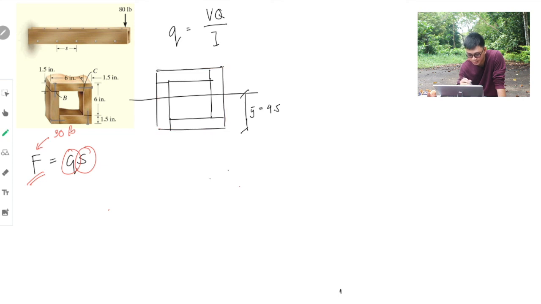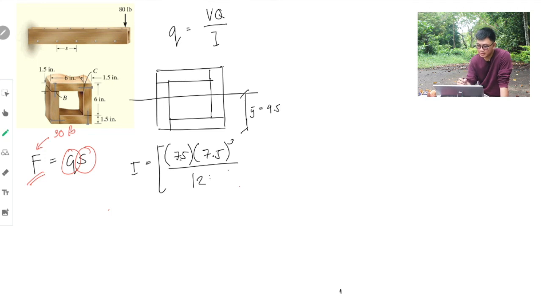So that is equal to, the moment of inertia is equal to base of the big square, base of 7.5 times height of 7.5 cube over 12. Right? Base times height over 12.